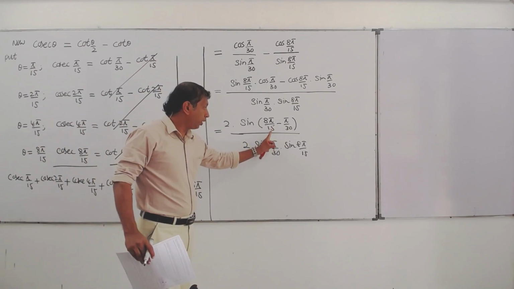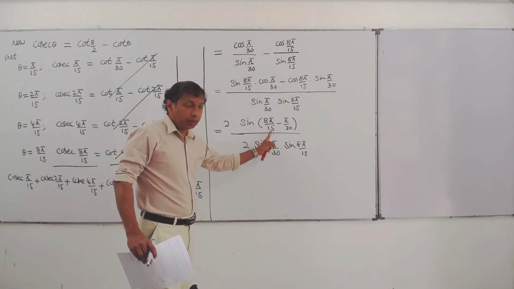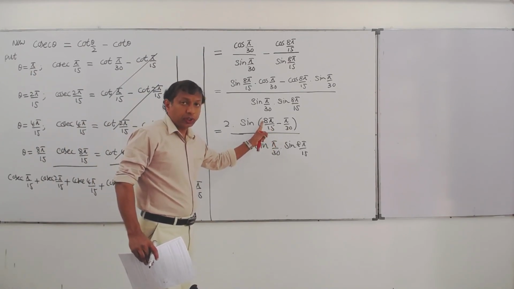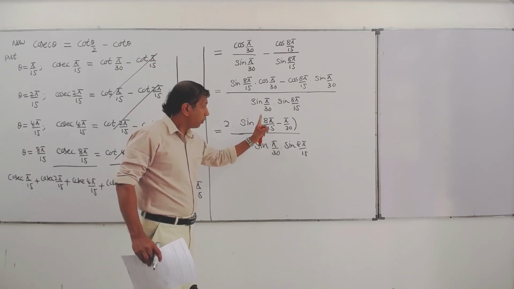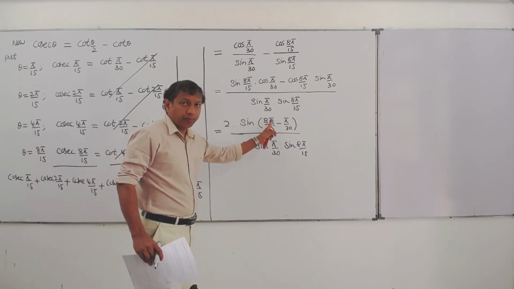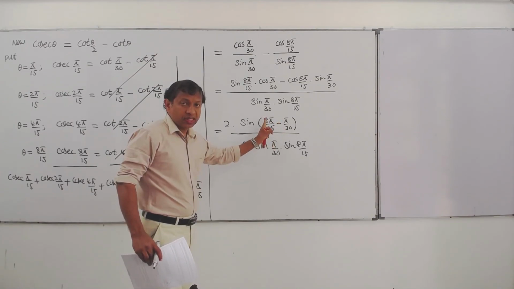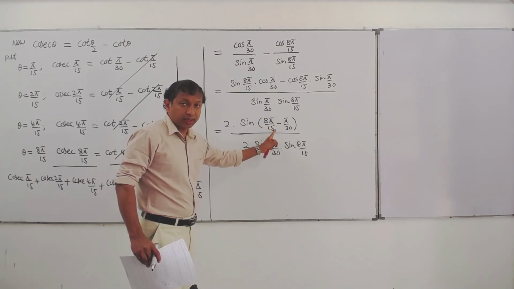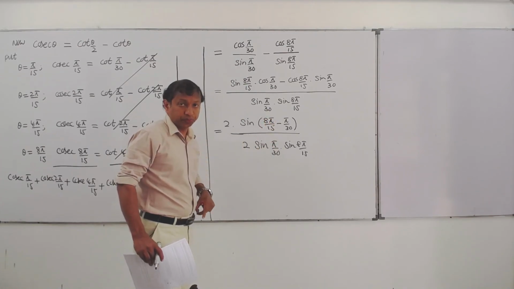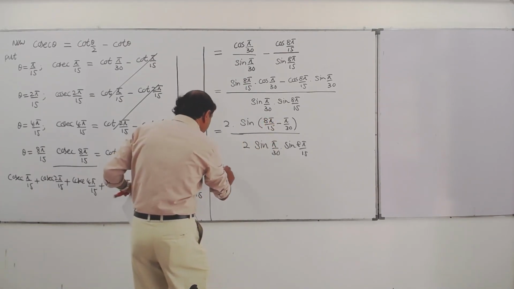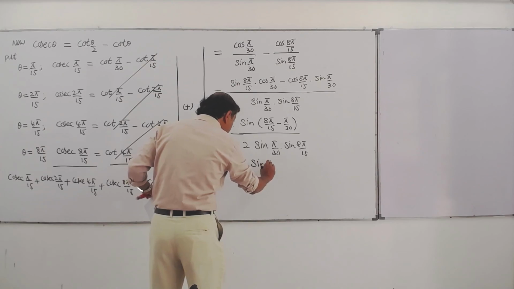When you take the common denominator as 30, this should be multiplied by 2: 16 pi minus pi divided by 30. 16 pi minus pi is 15 pi divided by 30. 15 and 30 when you cancel down, we get pi divided by 2. Numerator: 2 sin pi by 2.